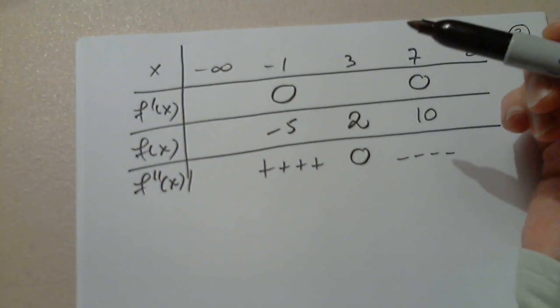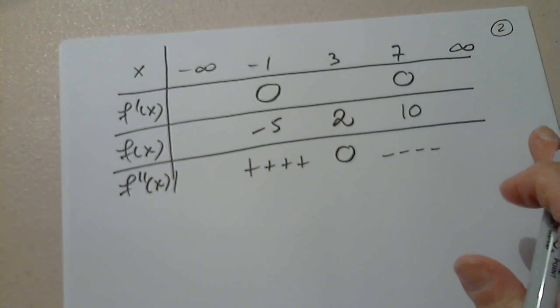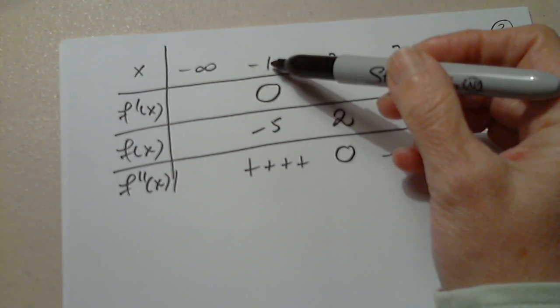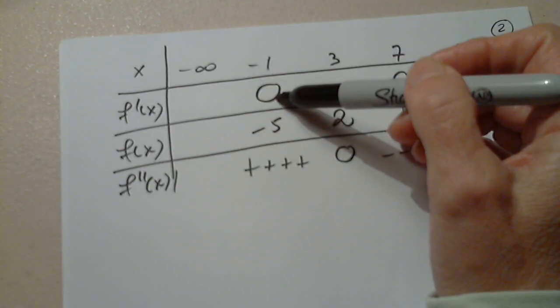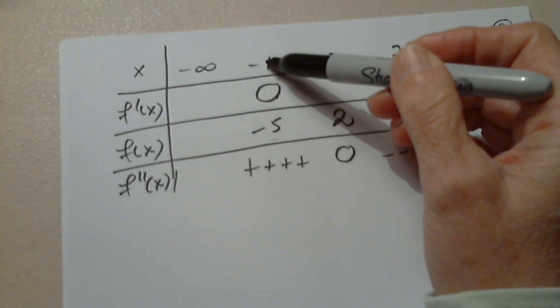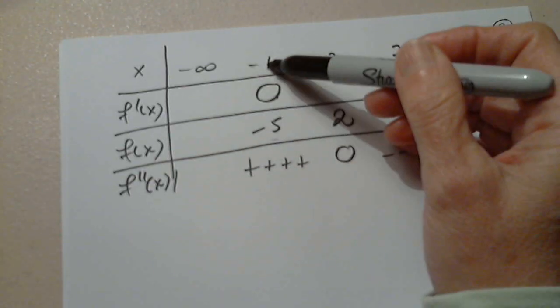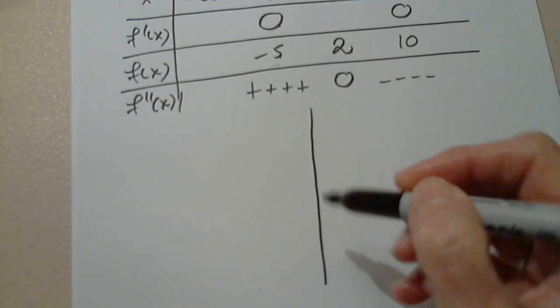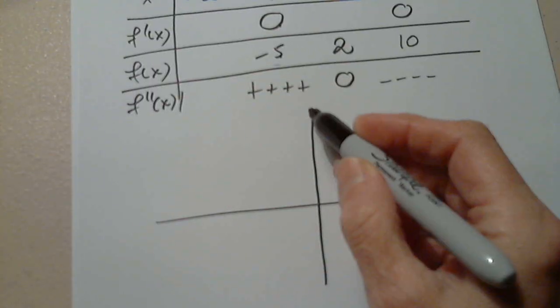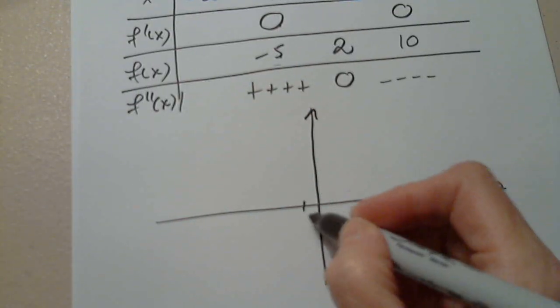Good. So let's analyze what we see. At -1, the function has a critical number. The value of the function at -1 is -5. So when I graph, this is my first point, -1, -5.